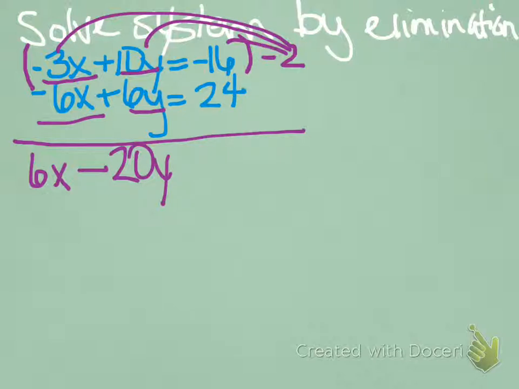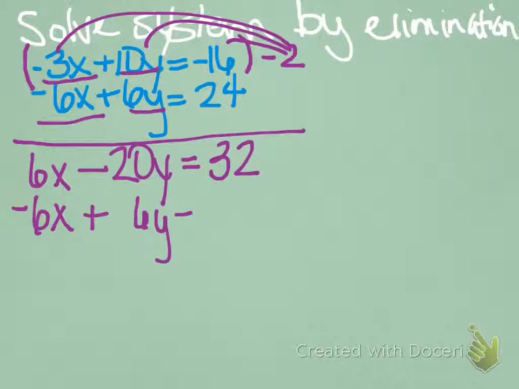And negative 16 times a negative 2 gives me a positive 32. Now we didn't have to multiply the bottom by anything, so we're just going to keep those the same. So we'll rewrite the second part, negative 6x plus 6y equals 24.